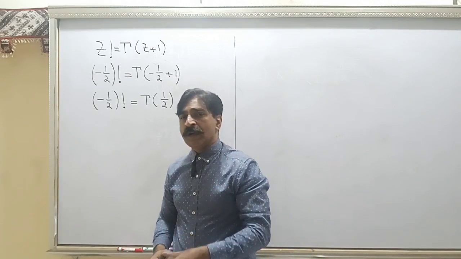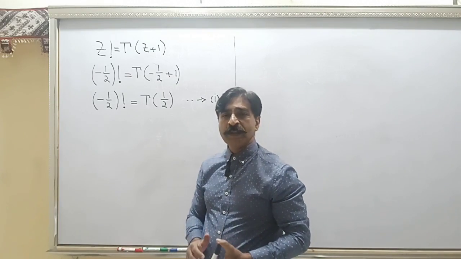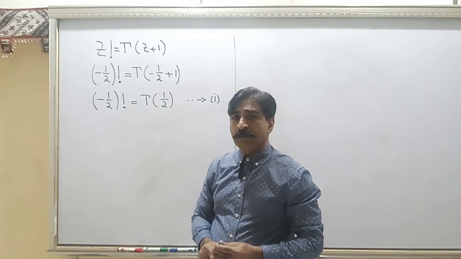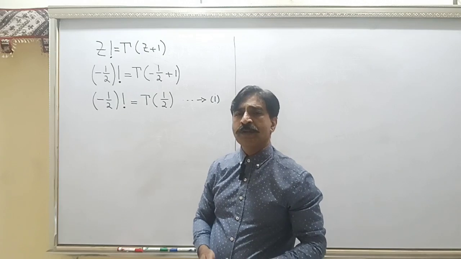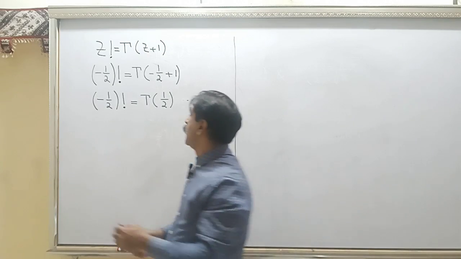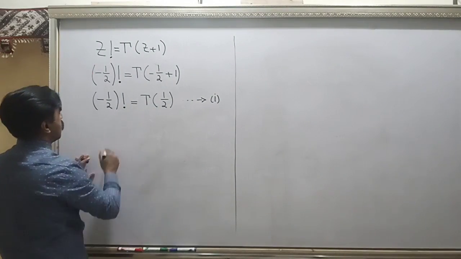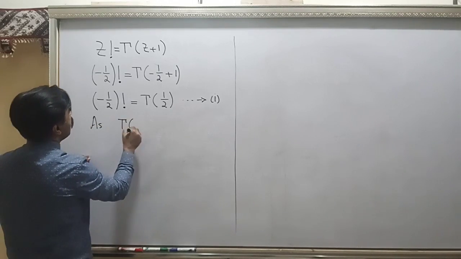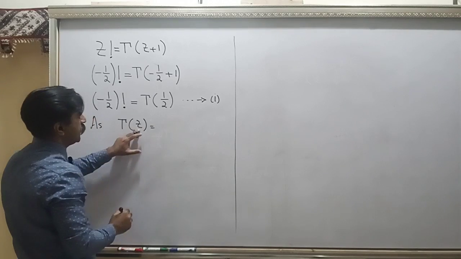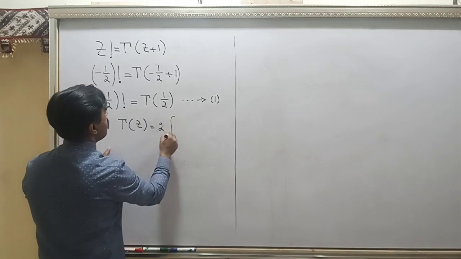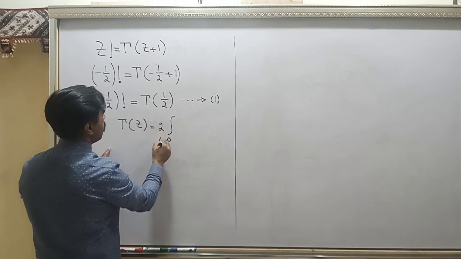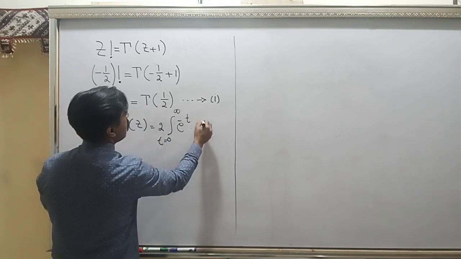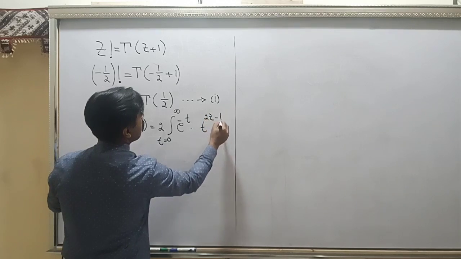In my video on the gamma function, I have also proved that gamma of 1 by 2 is the square root of pi, but we can also prove it using Euler's definite integral form of the gamma function, as gamma of any number z is twice the integral from t equals 0 to infinity of e to the power minus t square into t to the power 2z minus 1.